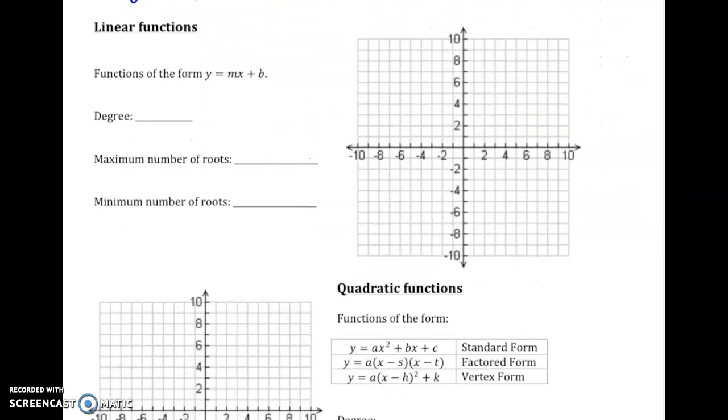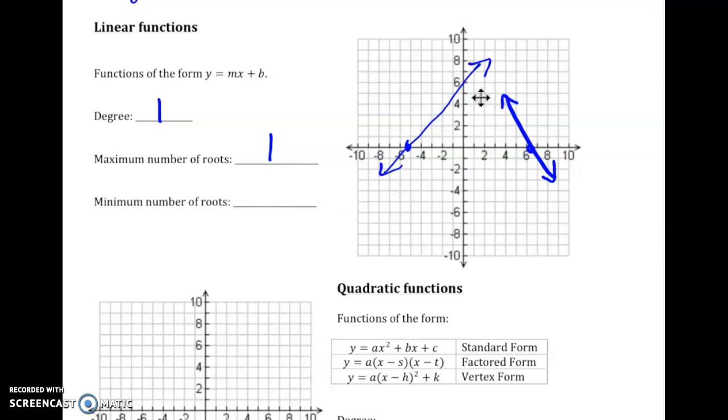So next we're going to look at some of the basic functions, or basic polynomials, that we already have studied. So in grade 9 we talked about linear functions a lot. Okay, those are functions of the form y equals mx plus b. The degree of a linear function or a line is degree 1. And the maximum number of roots. So if we think about drawing a line, whether it's positively sloped or negatively sloped, it can only ever cross the x-axis maximum once.